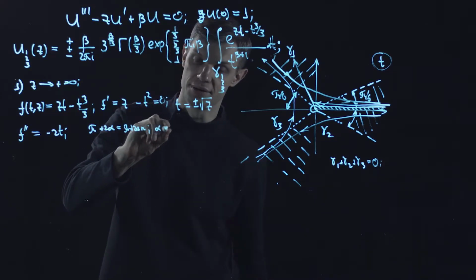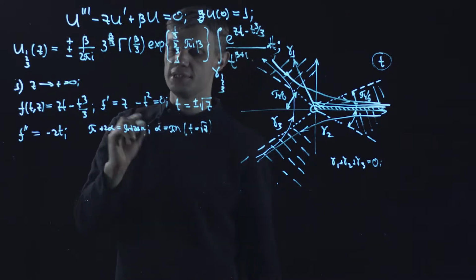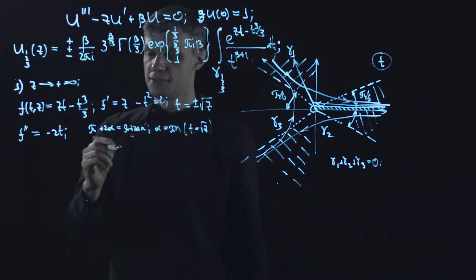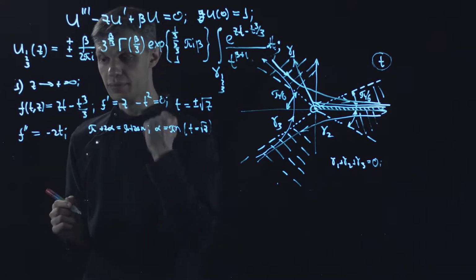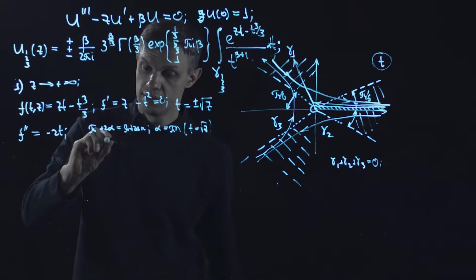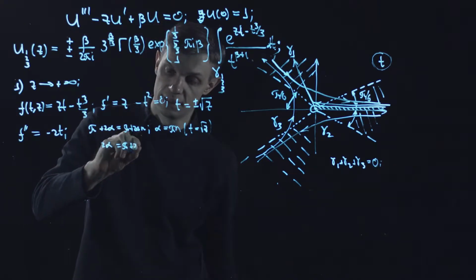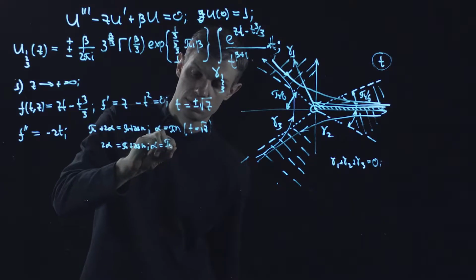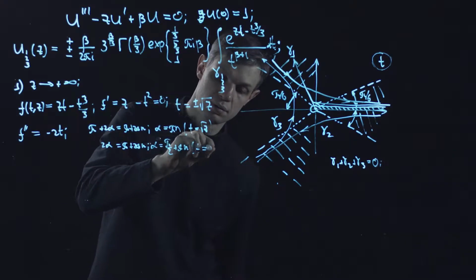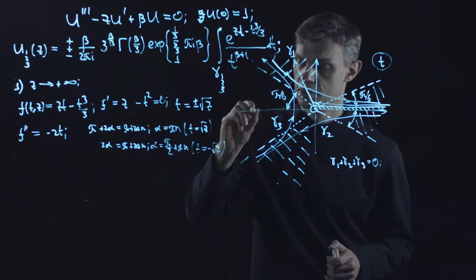So that's a horizontal line. And for t equals negative square root of z, the argument of the second derivative is 0, and the steepest descent direction is a vertical line. So here they are, two saddles.